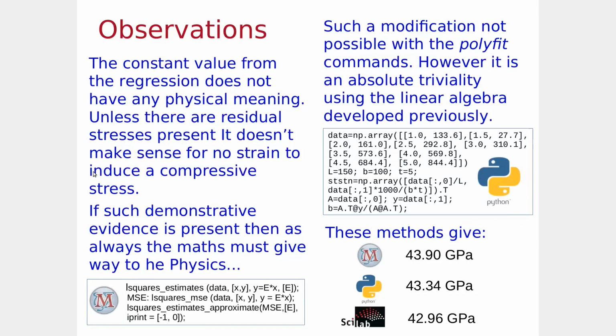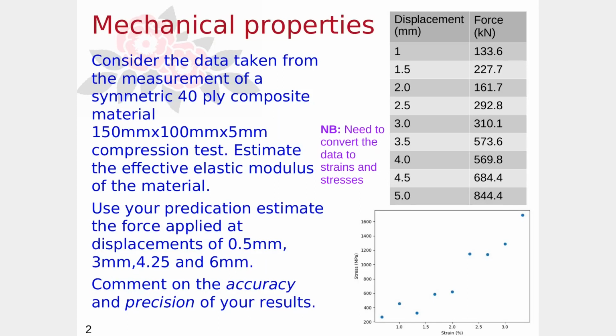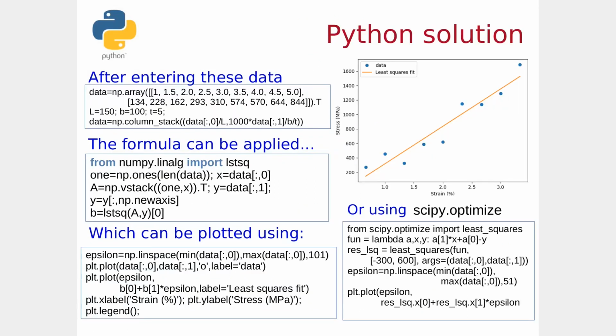So some observations. The constant value from this regression has no physical meaning. If you were to do the regression blindly in this case, you will get a constant value. If you extend this down to 0, you'll see that you'll get a value which will be higher than 0. So this means that at a 0 strain, there's still a stress within the material.